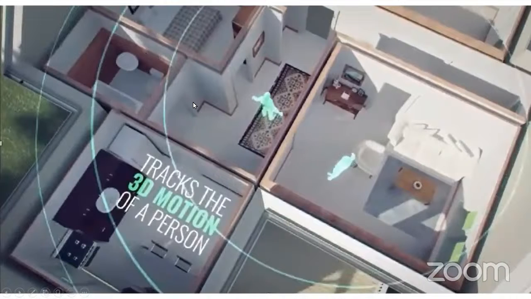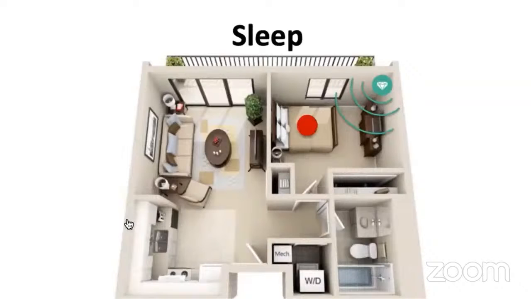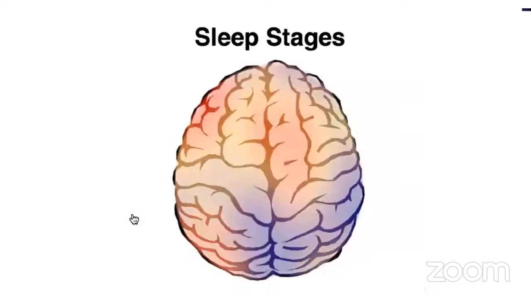So you don't need to mount that device in all the rooms. The coverage area covers all the house, and you can have people in the same room with the device or in other rooms. So we will see here the behavior of the person, his eating pattern, his everything, and sleep pattern as well.